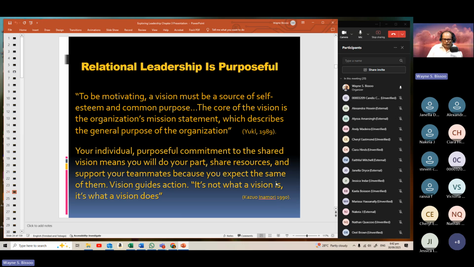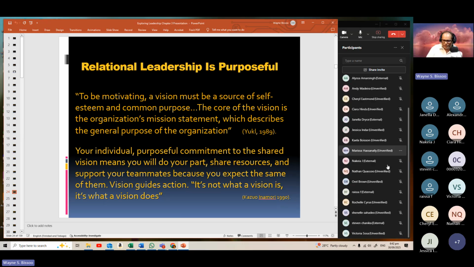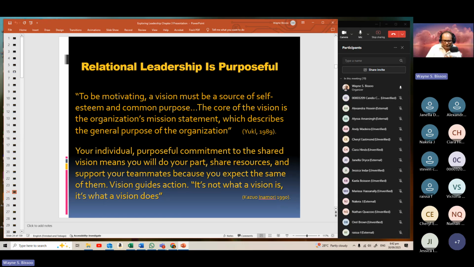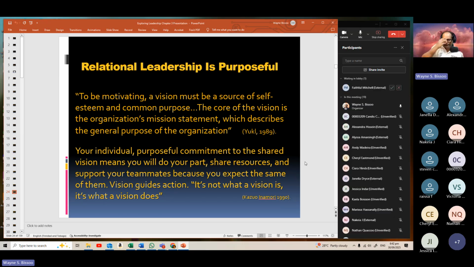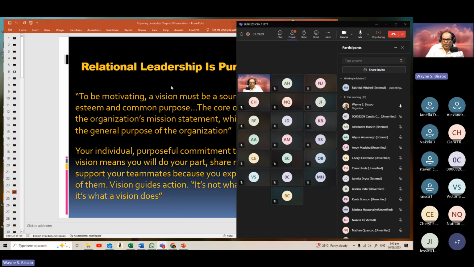If you like what your organization is doing, you will find yourself committing your time and your energies to the organization. I know, for example, for myself, because I feel so driven and connected to the vision and mission statement of the organization that I work with, I have given a lot to the organization.